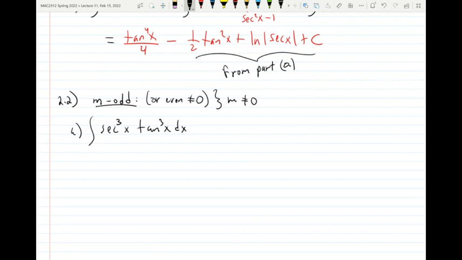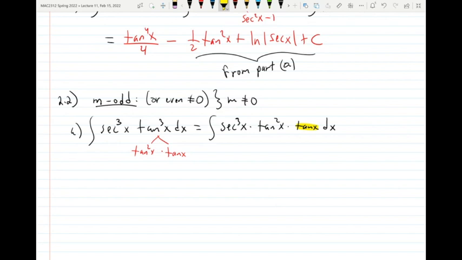So let's illustrate it in this example. The idea here is that we're going to take out one tangent from here. So in this case, you write it like this: secant cubed times tangent squared times tangent. We're going to reserve this tangent here for later.